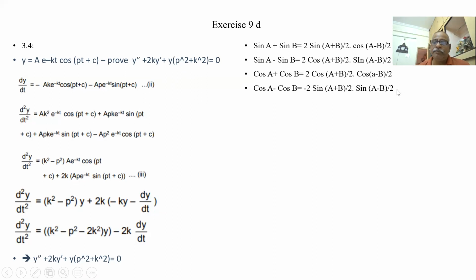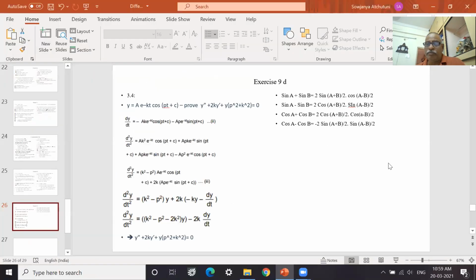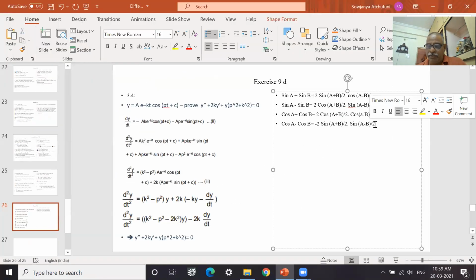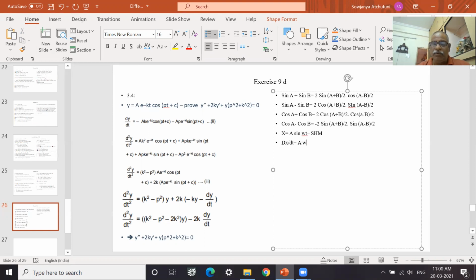You see here, suppose x is equal to a sin(omega t). This is our simple harmonic motion. When I differentiate, dx by dt is equal to a omega cos(omega t).